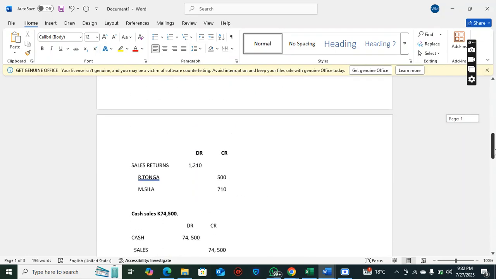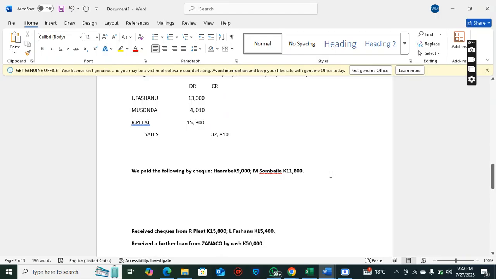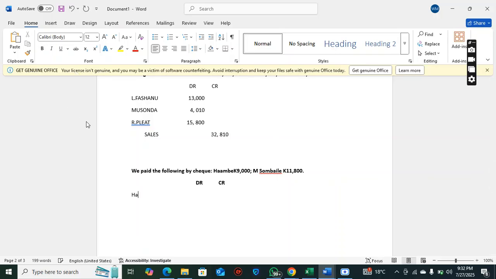So here both accounts are reducing, the liability account for the creditors and the bank account. All right. Any questions?